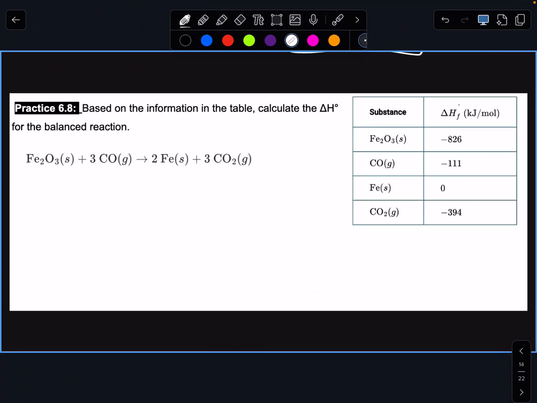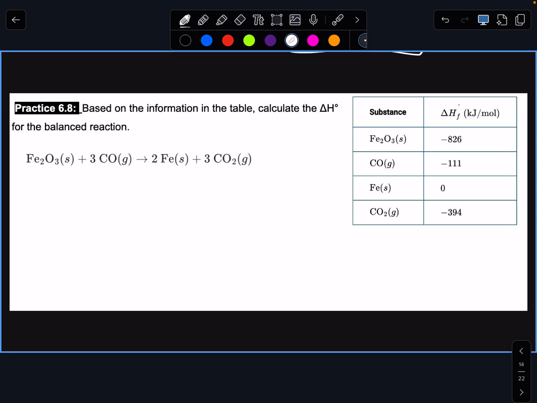Is it like extremely negative 65? No. Wait, but there's 2 of these, and that's 0. And then you add 3 of the CO2, and then you minus the Fe2O3, plus the 3 of the CO. Yeah, that's what you're supposed to do.